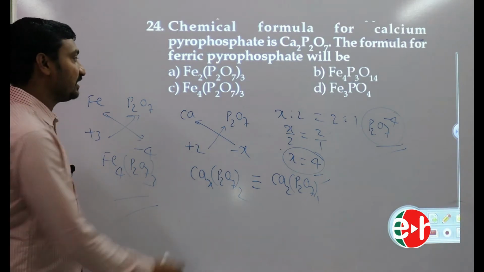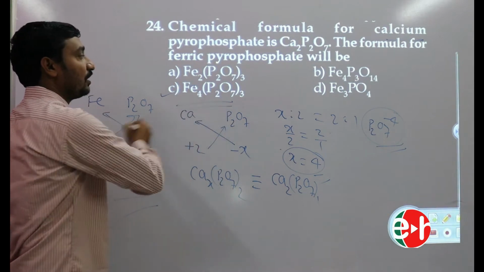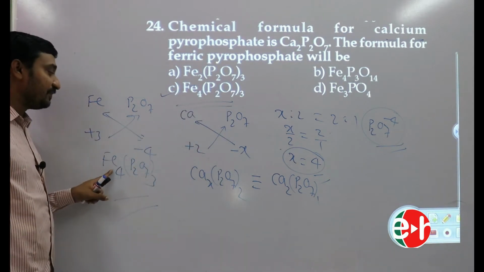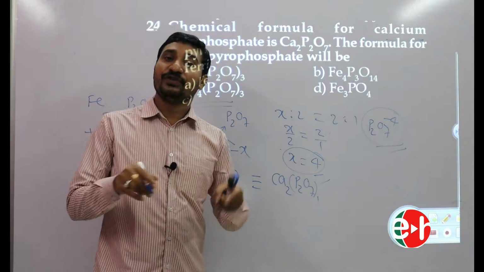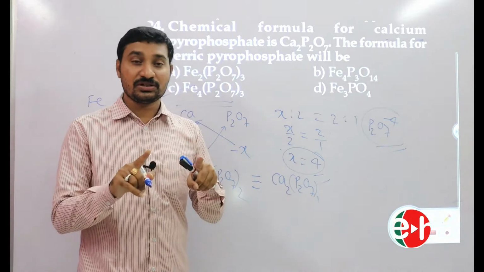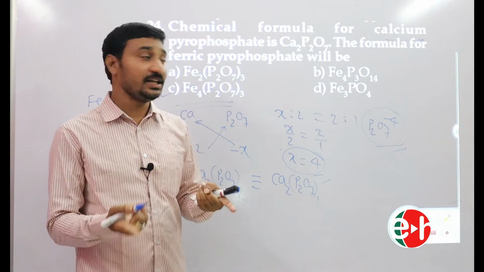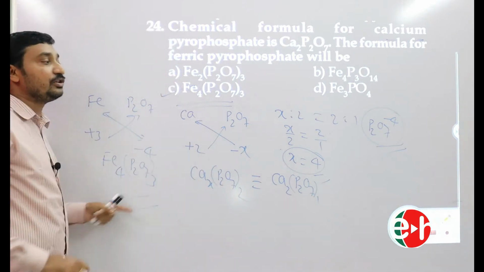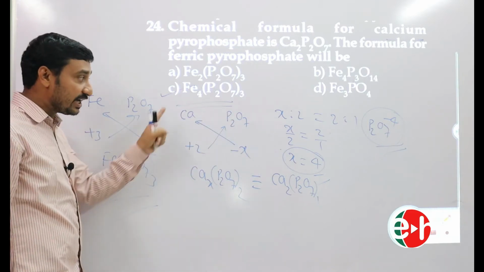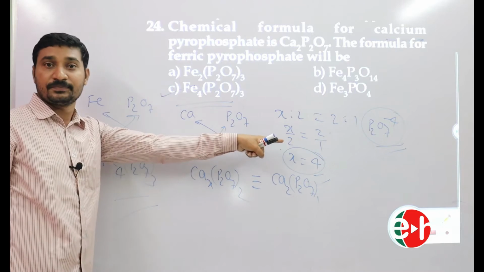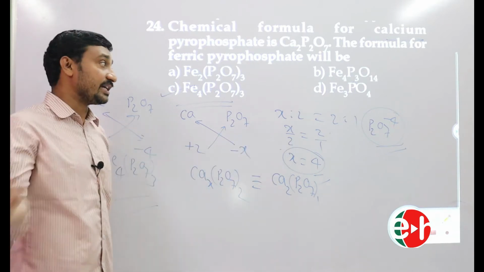Then the third one is the correct answer: Fe4(P2O7)3. Suppose you know the charge on pyrophosphate directly, then you can use it directly, no need to find it. If you don't know the charge on pyrophosphate ion, you can find it in this way first. Got it? Next question.